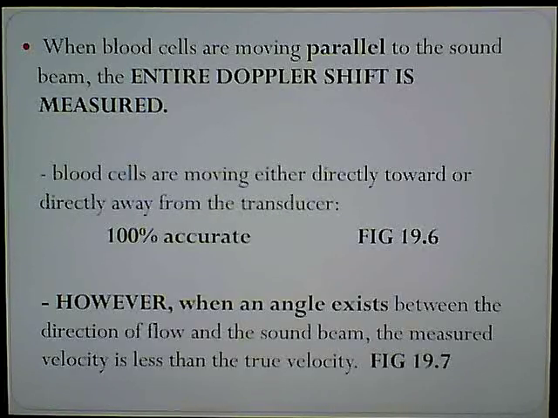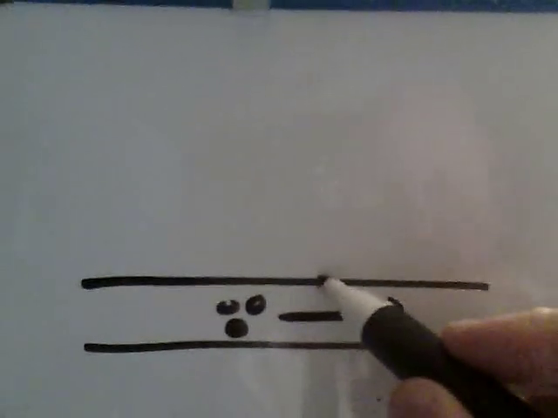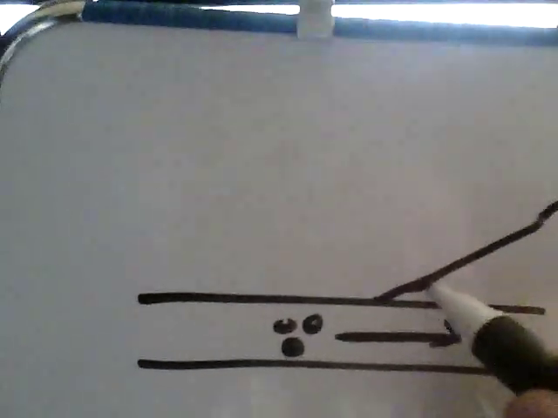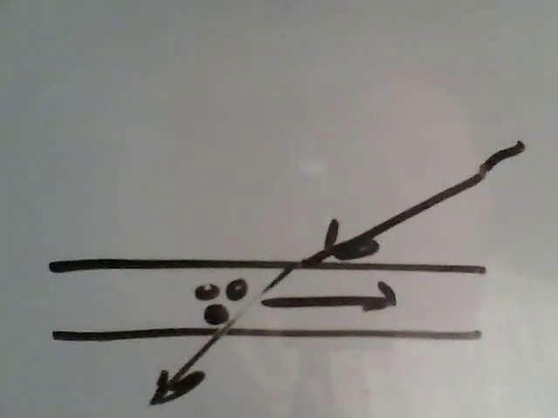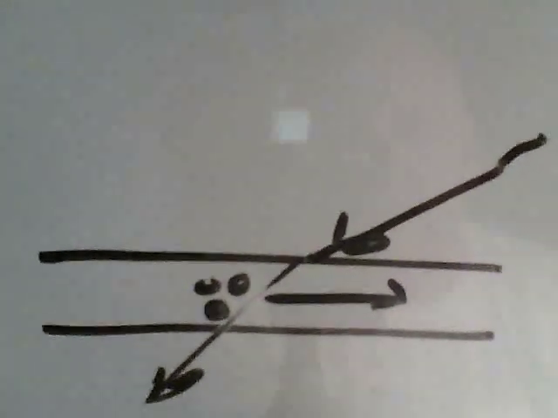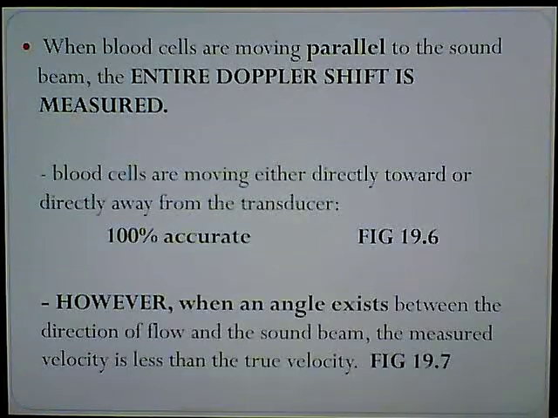So the minute that you create an angle, the minute that you create that angle, that sound is interacting with those red blood cells, that's when it becomes inaccurate. Or I should say, not inaccurate. I take that back. The measured velocity is less than the true velocity.